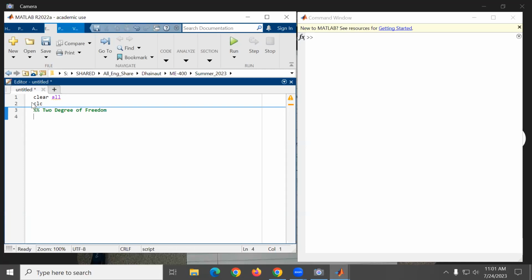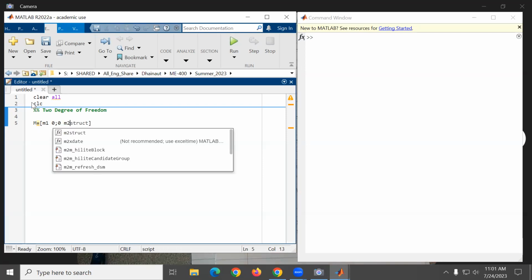Let's see. The first matrix that we have, this one over here, let's call this matrix M. Let's do it general. If we look at this equation here, I'm going to use this notation: M1, 0 for the first row, and 0, M2 for the second row.